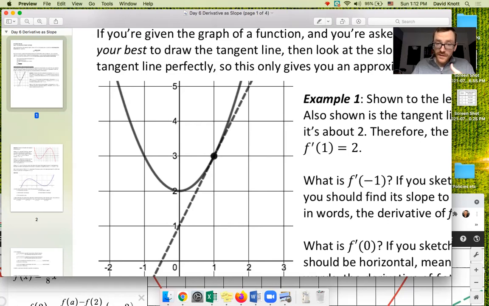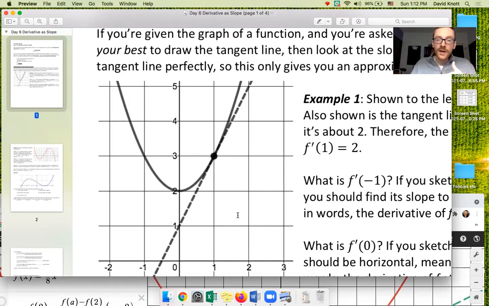And now suppose that I asked you, without telling you the formula for this function, suppose I just gave you the graph of this function and I said, approximate the derivative at 1, or alternatively, approximate the instantaneous rate of change at 1. How would you do it? Well, now that we know that the slope of the tangent line is the derivative, we can actually answer that question.